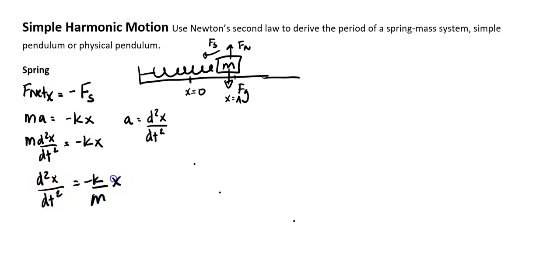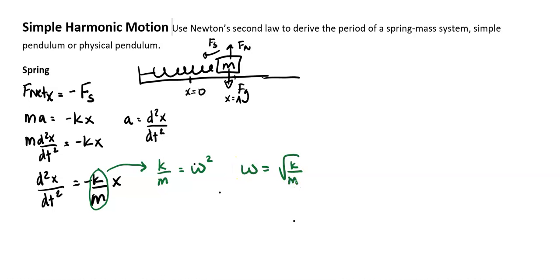In a previous video, we went ahead and showed that k over m essentially represents omega squared. So whatever the coefficient is in front of the position x function is going to represent omega squared. So we know in this case, omega is going to be the square root of k over m.